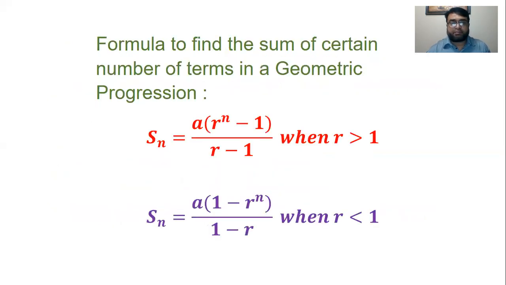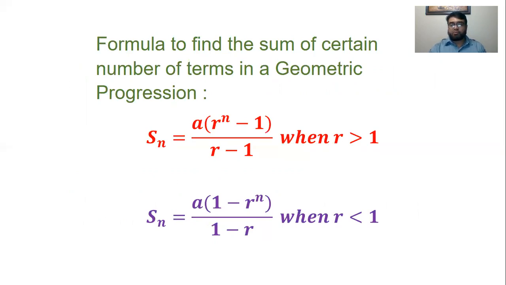Okay, now the other formula comes to find the summation of a geometric progression. If you want to get the sum of a certain number of terms in a geometric progression, then we basically use two types of formula here. The formula is chosen considering the value of r.